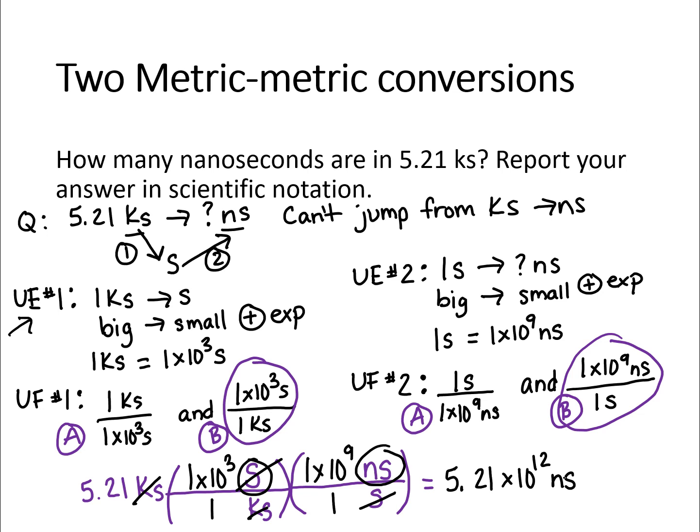We don't write numbers like this, but 5.21 kiloseconds, you can think of it as being over 1, okay? So when you multiply by seconds over kiloseconds, you're getting rid of those kiloseconds and you're left with seconds, okay? Does that help?